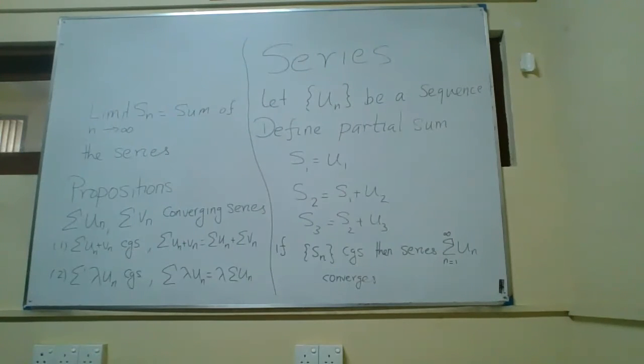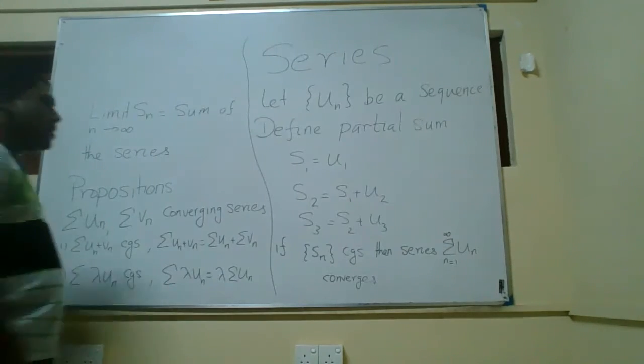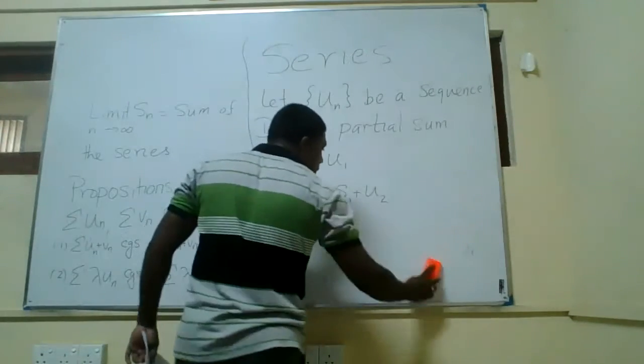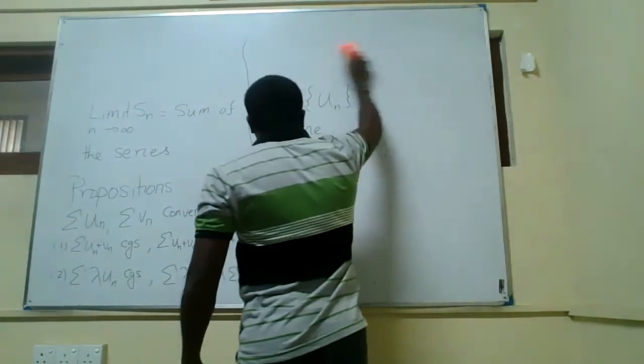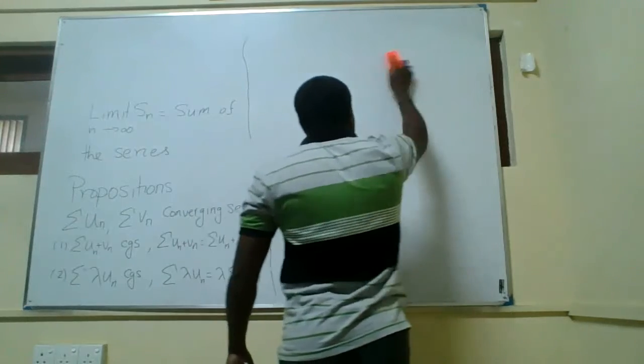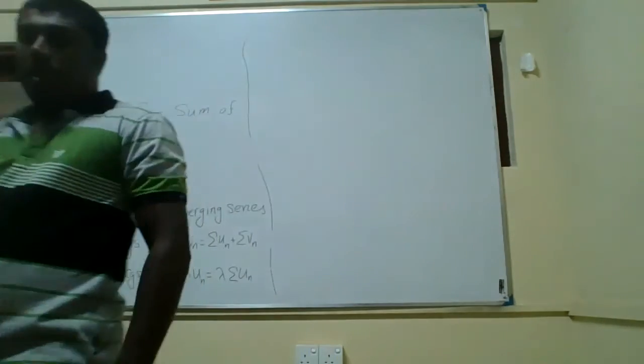We shall prove these two results by using the partial sum property, the property we studied in sequences, because a partial sum is a sequence. By using partial sums and the results we studied in sequences, we can always prove the results for series.